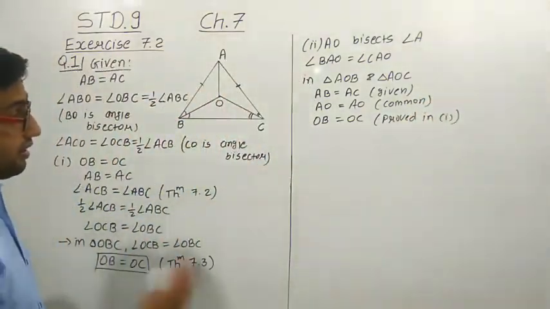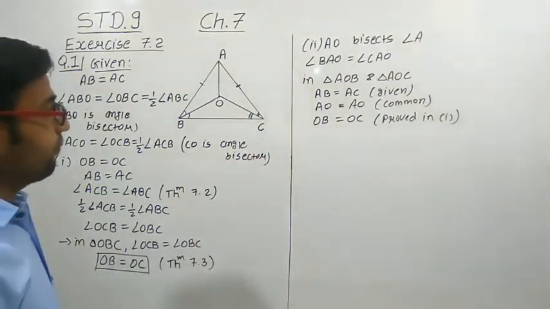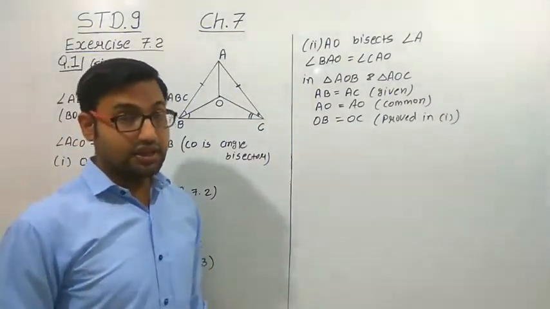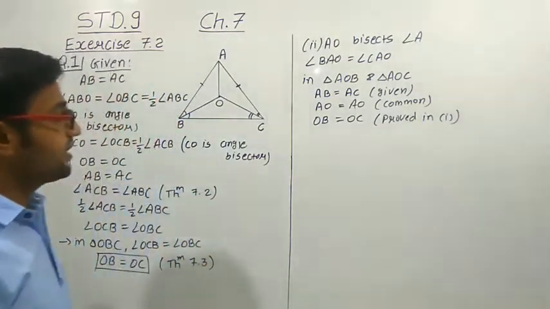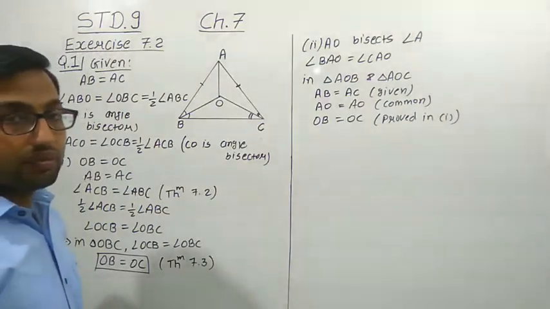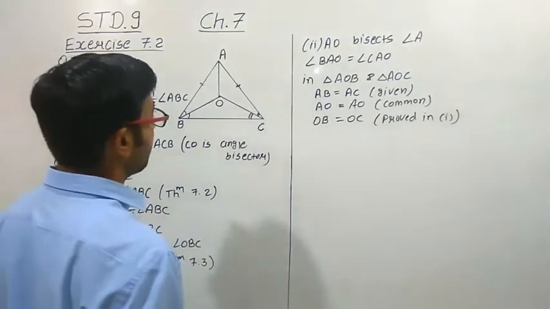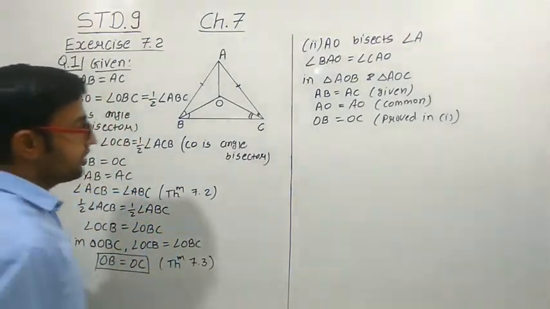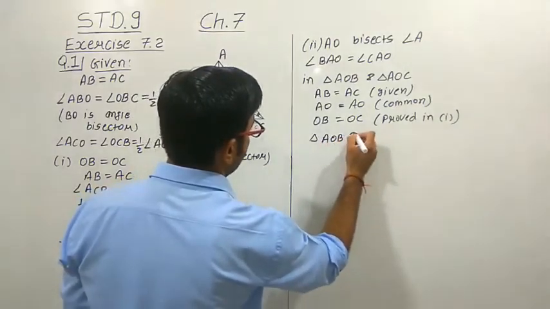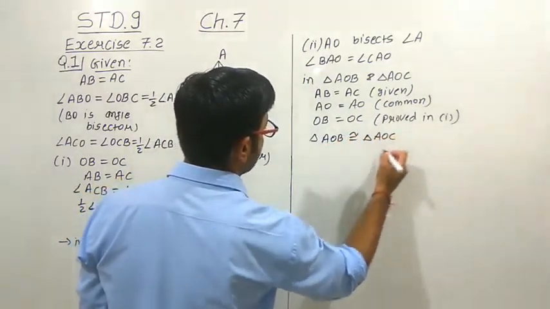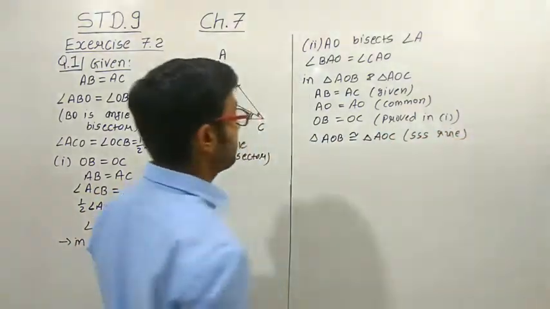So here we have three sides of the two triangles equal. If three sides of one triangle are equal to three sides of another, then according to the side rule, the two triangles are congruent. So we can write triangle AOB is congruent to triangle AOC by the side rule.